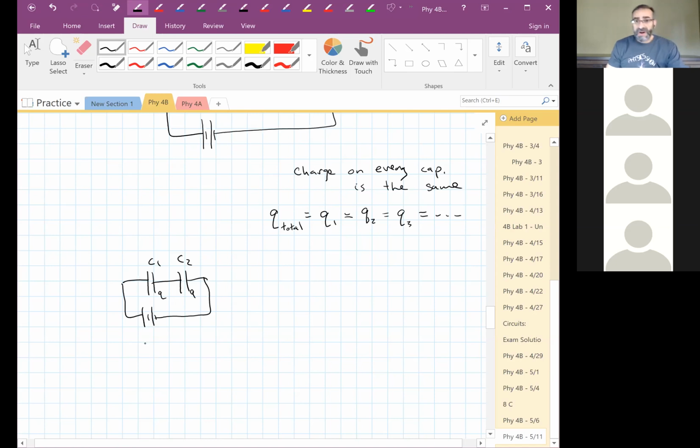But how much charge went through the battery while we were doing that? Only Q. The other one was just internal within the capacitors, charges redistributing themselves. So what happens if we remove the battery? And then we hook up a light bulb or something.